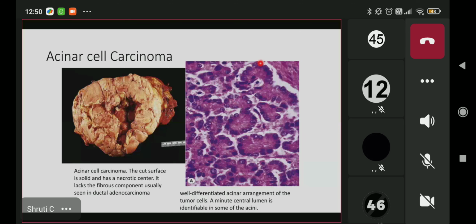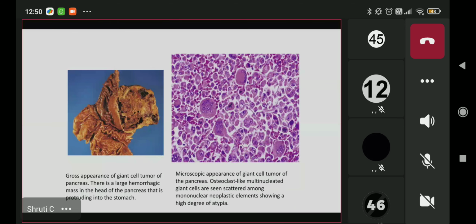Here also, stroma is much less, and you can see these tumor cells which are well differentiated and arranged in acinar pattern, and a very minute central lumen is also seen. I also told you a variant, the giant cell or osteoclastic variant of pancreatic adenocarcinoma. This is the gross picture of that, and you can see osteoclastic giant cells, multinucleated. So this is very specific.